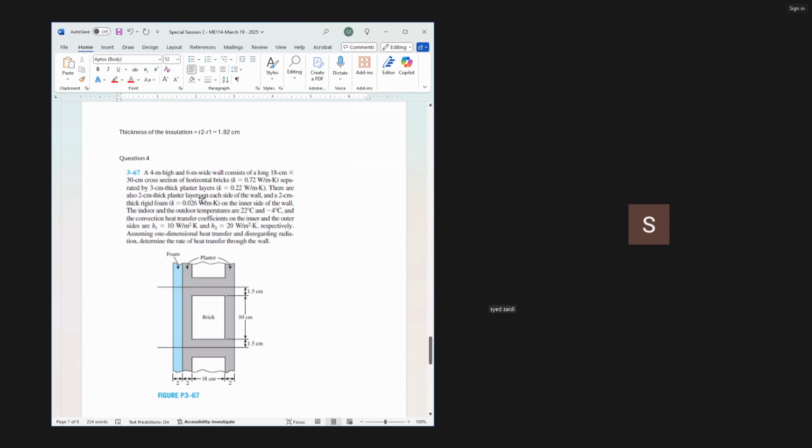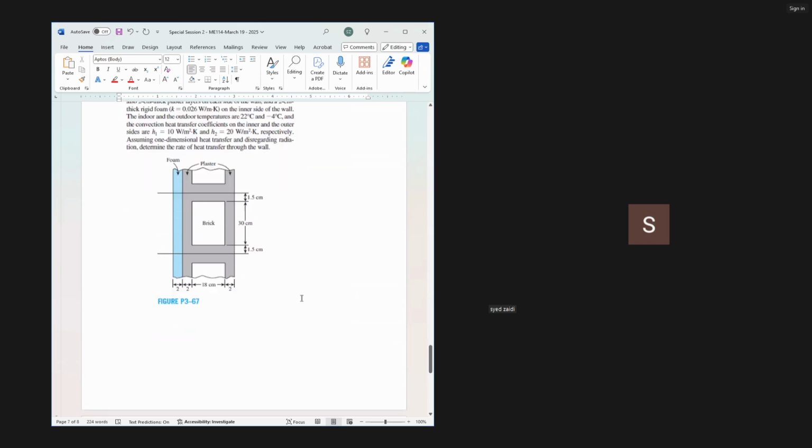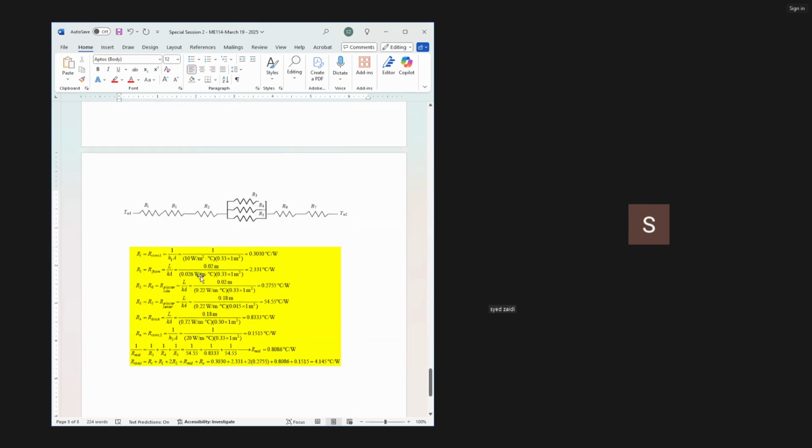This is 4 meter high, 6 meter wide. So that width is given like this. It's not shown, but it is like this. So basically you have the area, per unit area, so just multiply by length and width, and then you get these values.